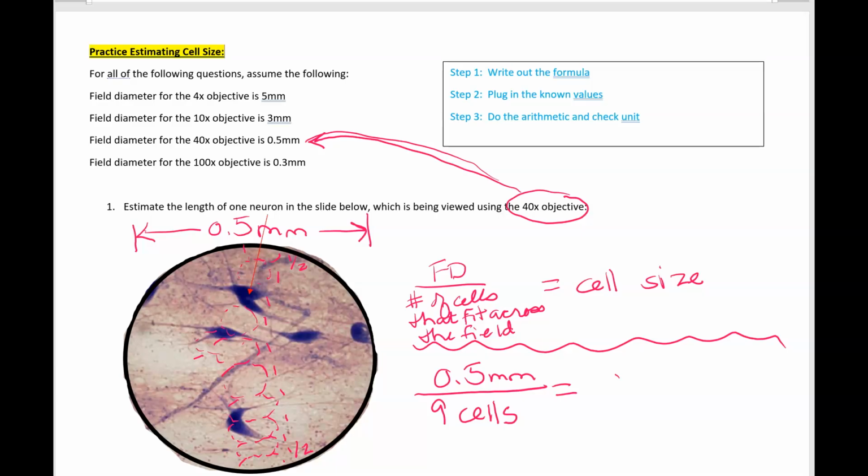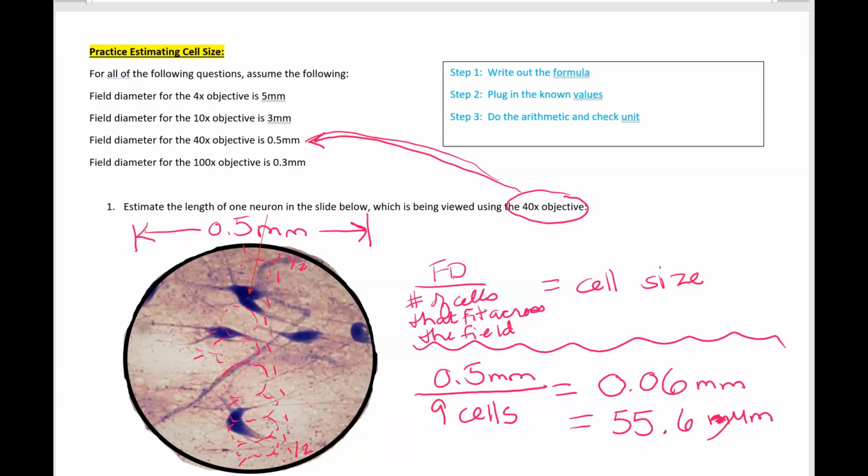So that means that my cell size would be about 0.06 millimeters. If I wanted to convert that to micrometers, I would multiply by 1,000, just like we did in the previous step, and that would give me 55.6 micrometers.